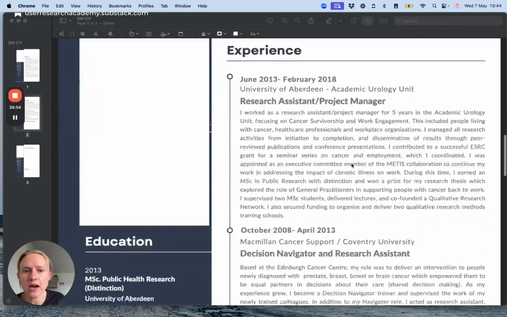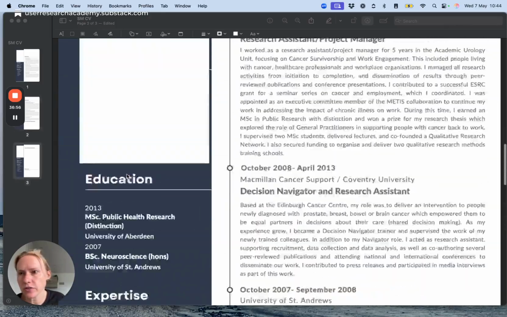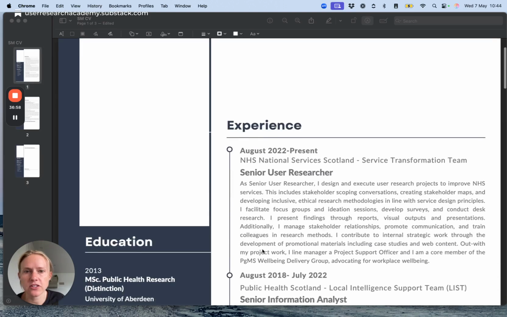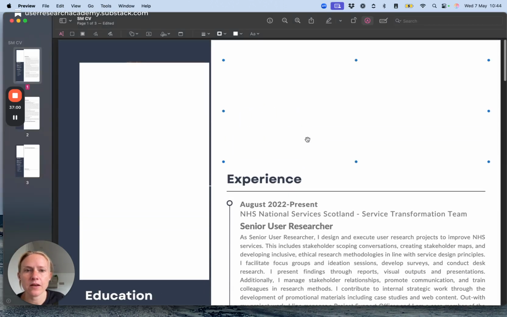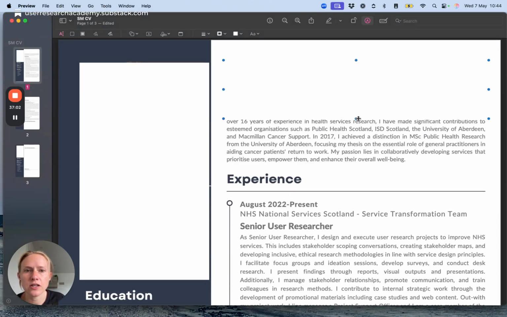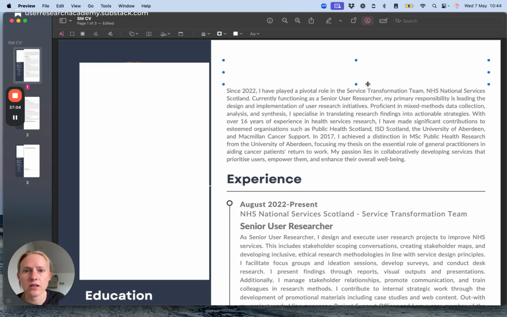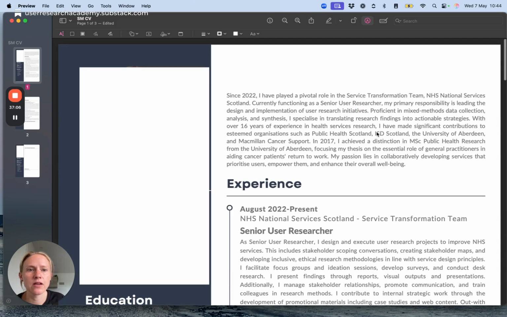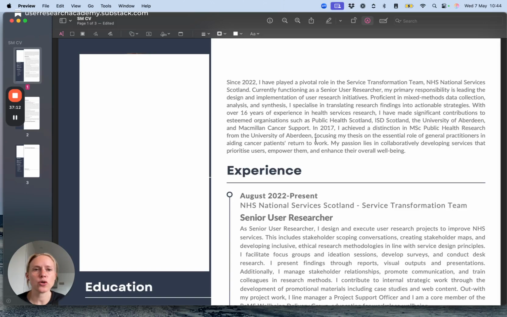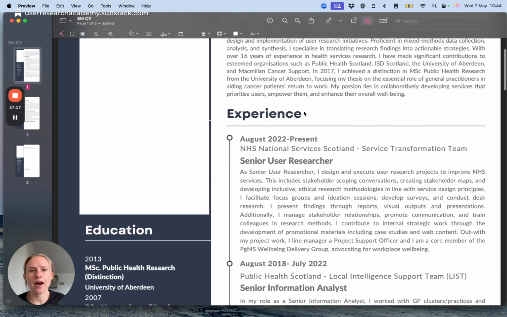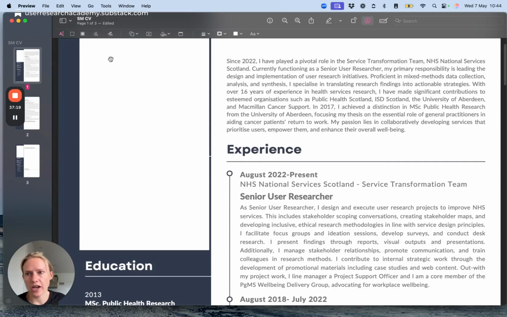So again, here you don't need to repeat your education and expertise. Again, I would get rid of this. Although you do have some really interesting publications, so maybe that might be good if you want to work in healthcare, to say that you're almost like a healthcare specialist within user research.